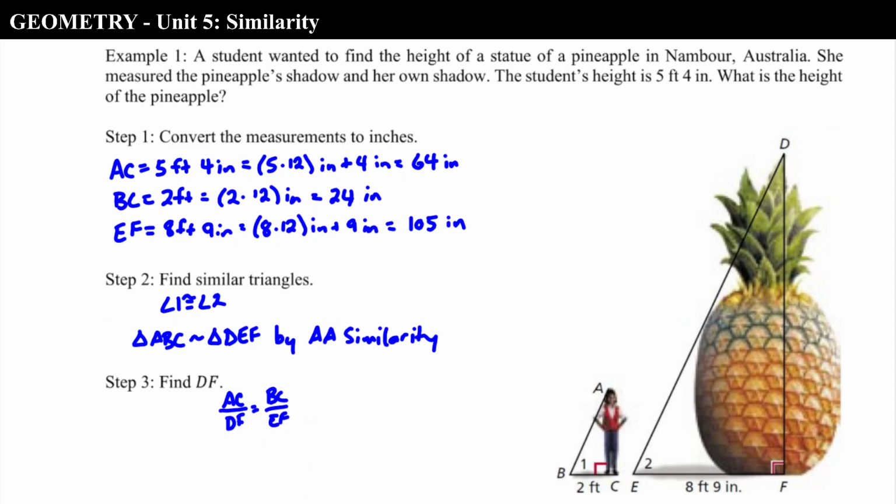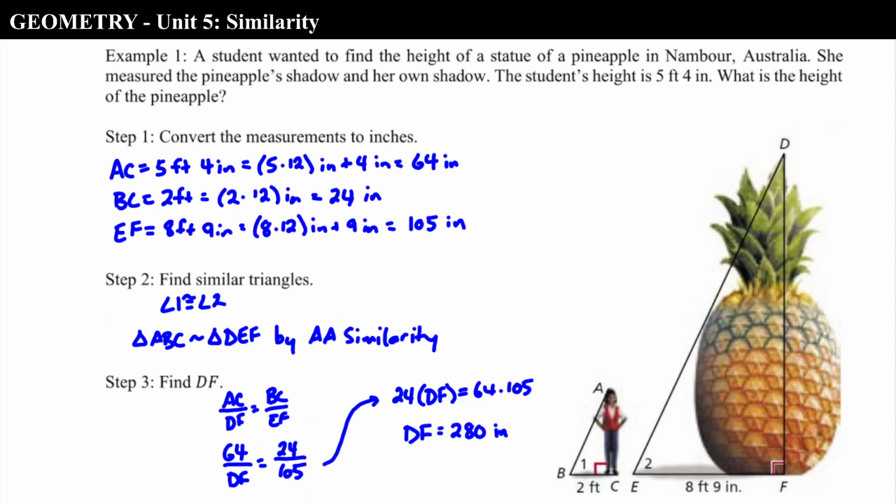So the heights and the shadows are proportional to one another. AC is 64, DF is what we're looking for, BC is 24, and EF is 105. We plug everything in and cross multiply, and you find that DF is 280 inches, which is somewhere over 20 feet tall.